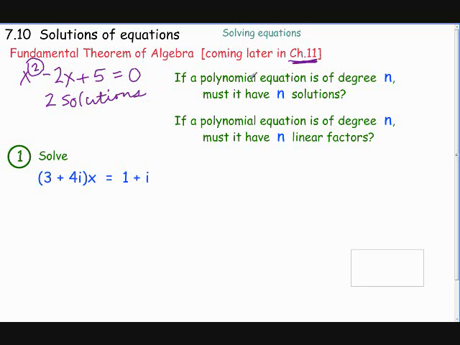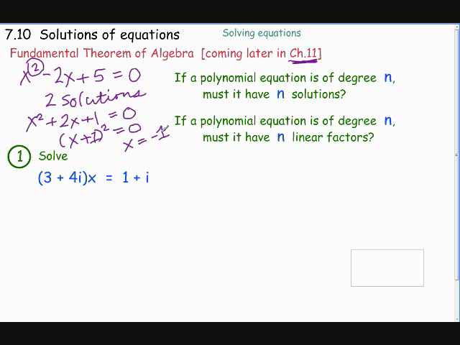It is true that a polynomial of any degree will have the same number of solutions as its degree. Well, you might be thinking of something like this. Let's see, x squared plus 2x plus 1 equals 0. If we factor this, x plus 1 squared equals 0, we end up with x equals negative 1.